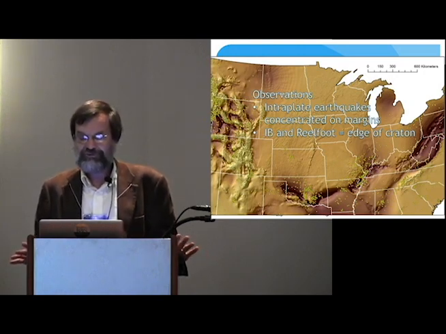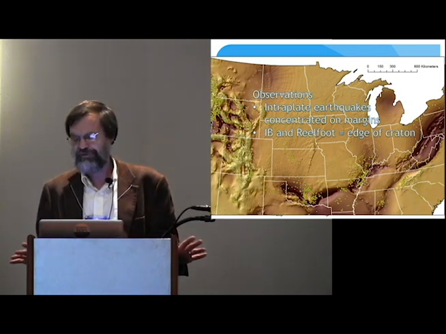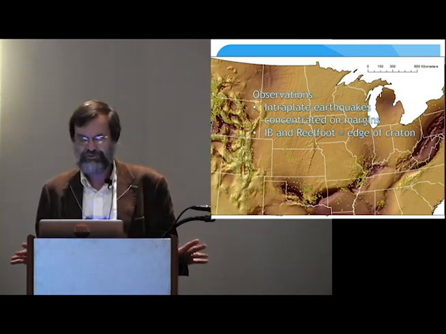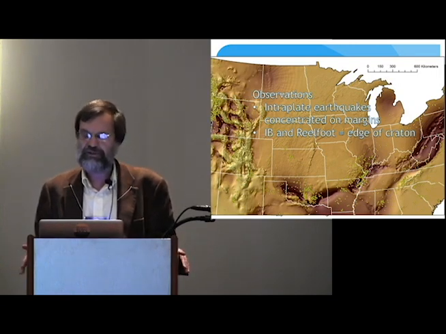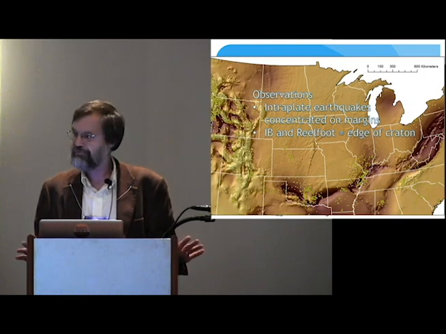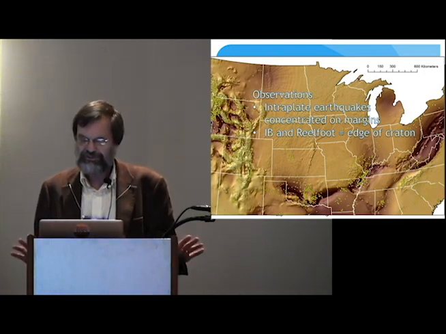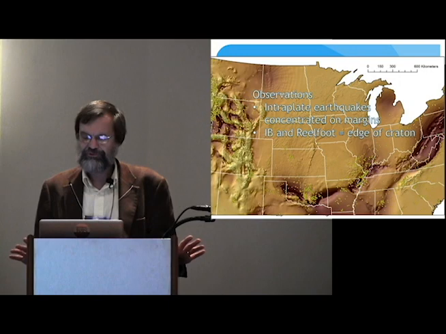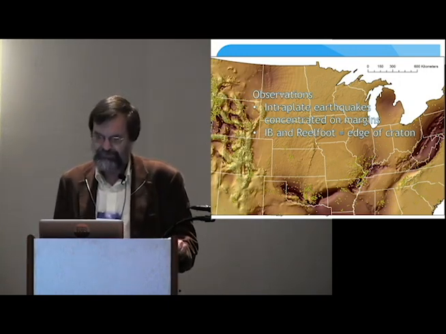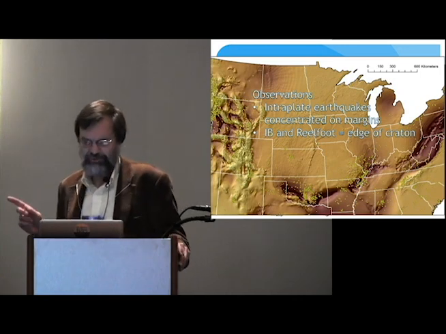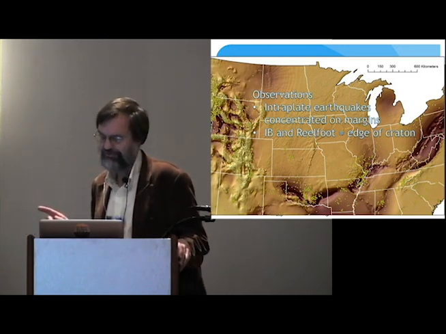What we see here is a shaded relief of topography of depth to basement, so the darker brown is deeper basement. They have an overlay of surface geology, but this particular map is quite fascinating, and I think two important conclusions follow from it.